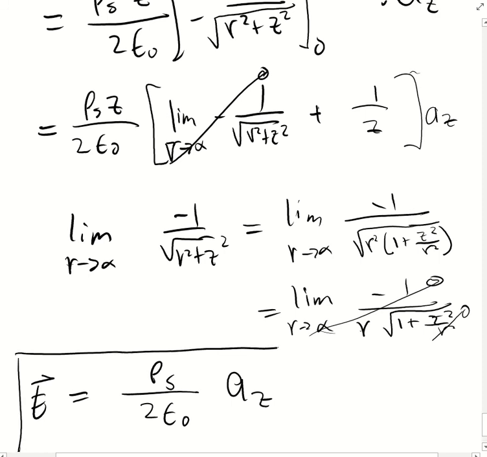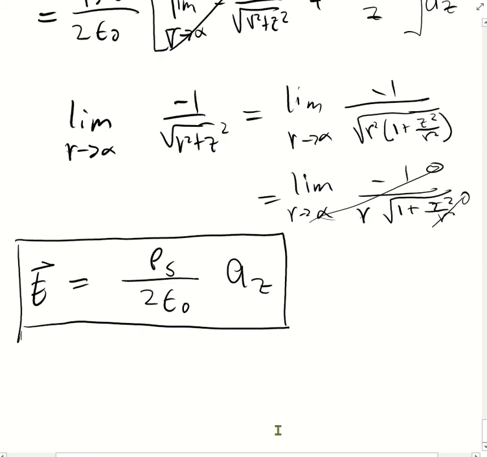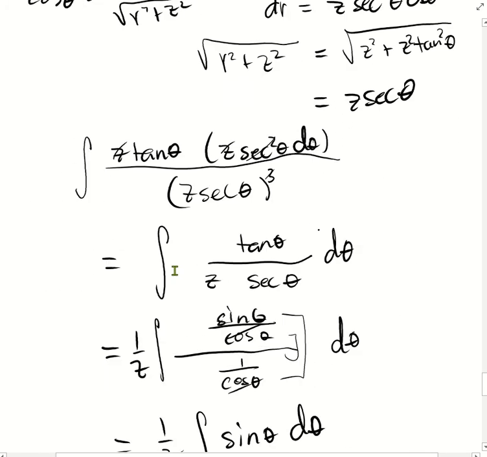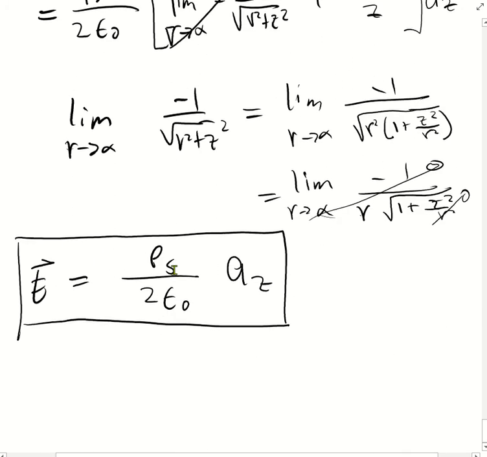And that is our electric field intensity due to an infinite plane charge. Okay, so we derived the formulas for infinite line charge and infinite plane charge. So these are the standard configurations that are mostly used in electromagnetism.